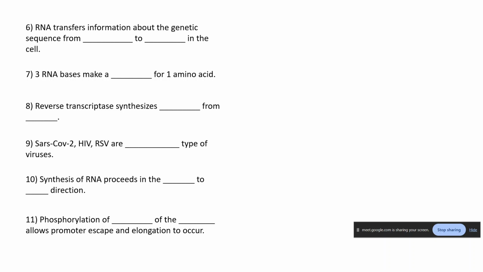And when it binds, it has to be in the unphosphorylated form. So by phosphorylating it, you're allowing it, once it has already bound, to escape from that and continue elongating the mRNA. And the other is for the help of these elongation factors. They prefer to bind to the phosphorylated form of RNA pol. So these two things will happen once you have phosphorylated RNA pol.